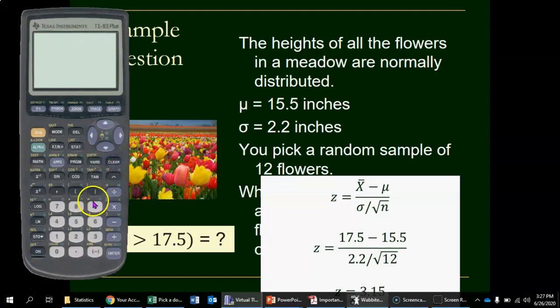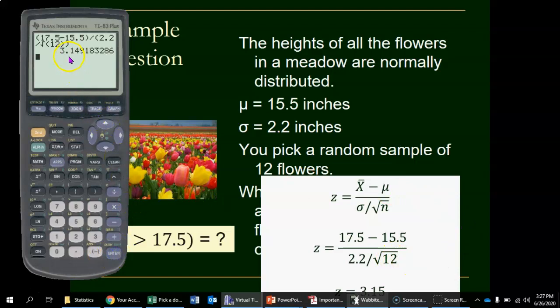So when I put that into my calculator, parenthesis 17.5 minus 15.5, close parentheses, divided by parenthesis 2.2 divided by the square root of 12. Remember, I said you do need parentheses around both the numerator and the denominator of this expression.